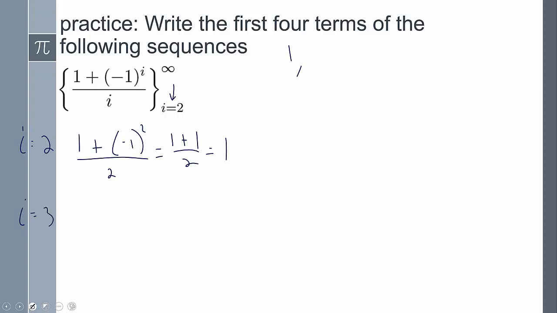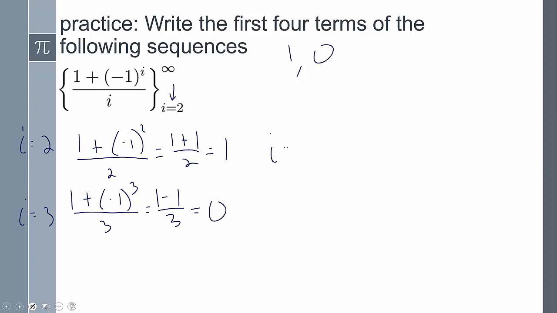Where i equals 3, we get 1 plus negative 1 to the third all over 3. Negative 1 to the third is negative 1, so 1 minus 1 over 3. That's 0 over 3, which is 0.